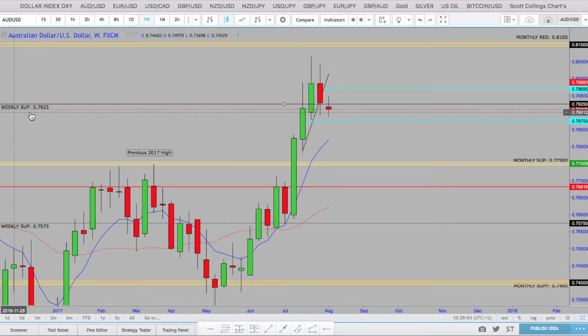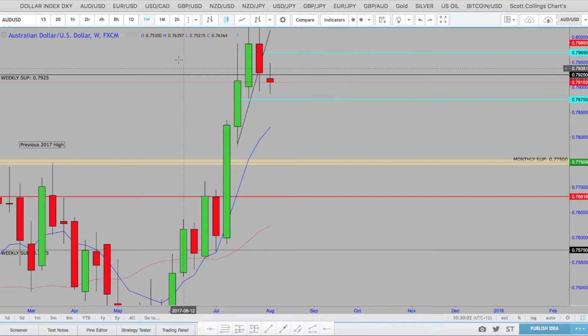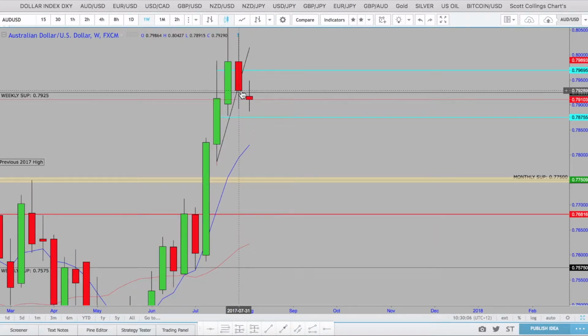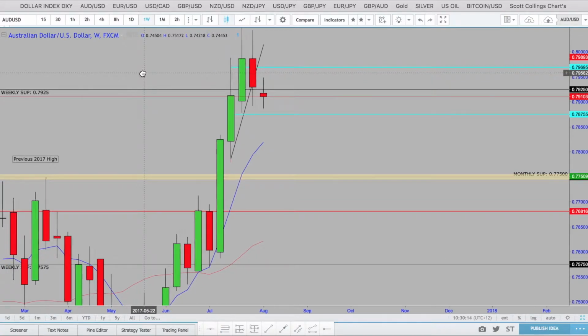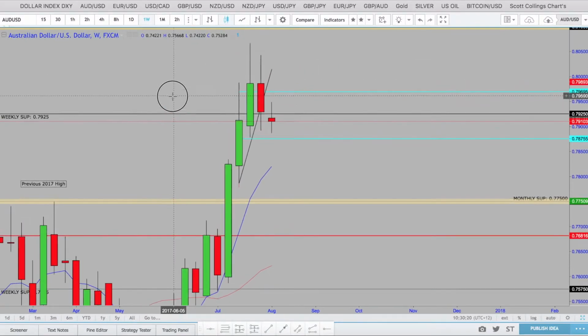I do have this level as a weekly support level currently, because last week we fractionally pierced through, but we rallied back up and closed. So this is still a weekly support level, because this week has not closed.